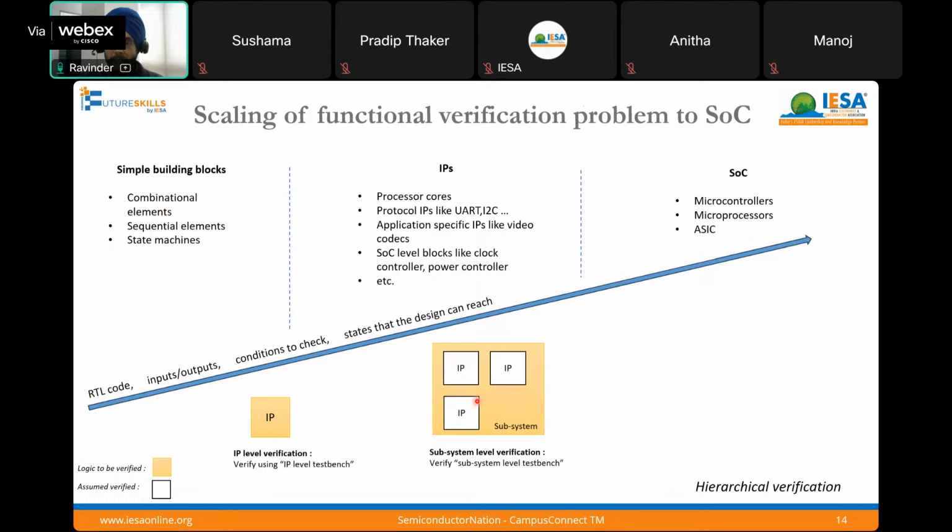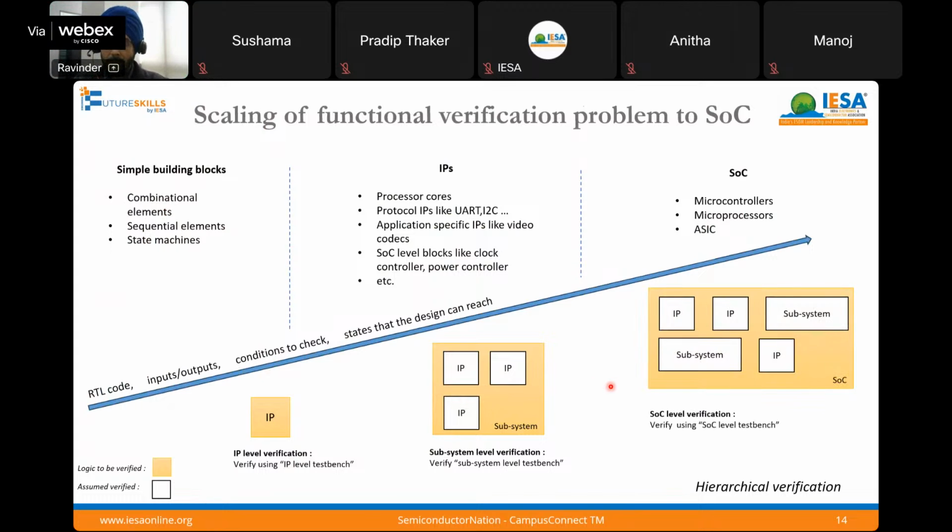Again, the complexity is not as much as the full IC, because now we are dealing with a few integrated IPs. The aim is to verify the logic between the IPs, because IPs are already verified at a lower level of hierarchy. So we don't need to re-verify the logic which is inside the IPs. We need to verify the logic which is between the IPs.